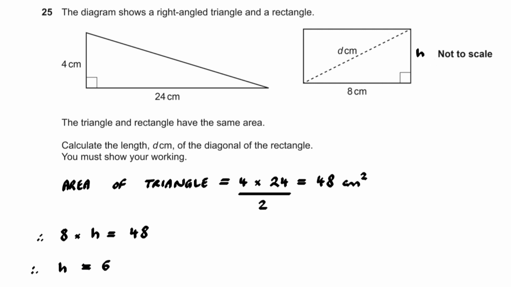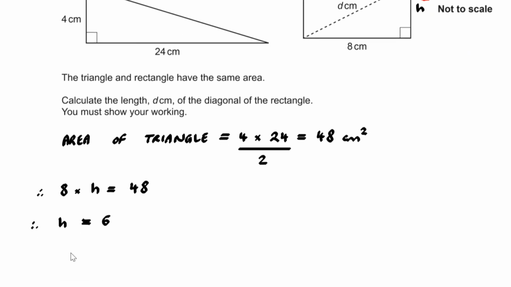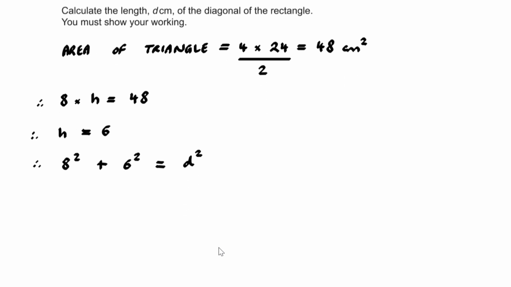So we've got h, which is 6 centimeters. And therefore, if we use Pythagoras, we've got 8 squared plus 6 squared equals d squared, which means d squared is 100, meaning d is equal to 10.